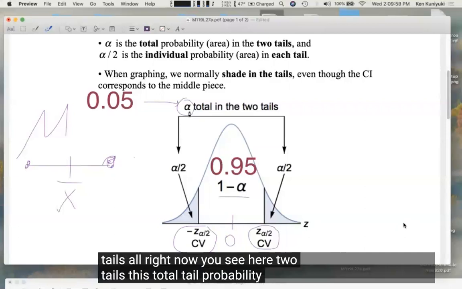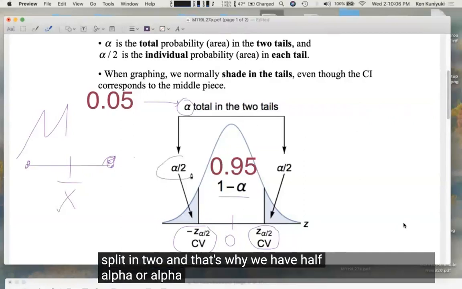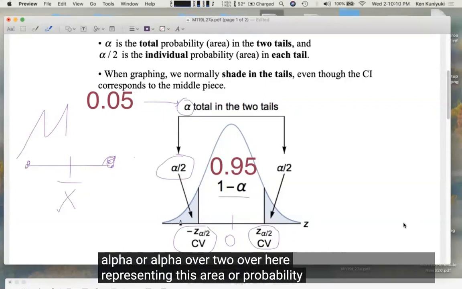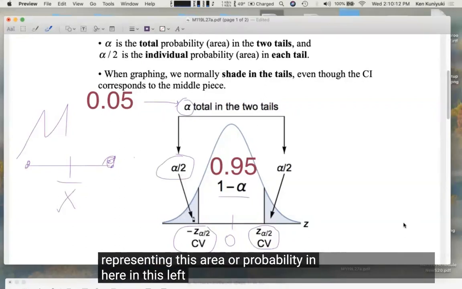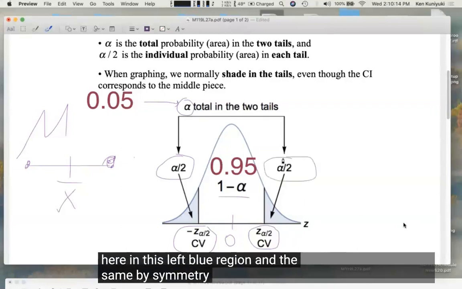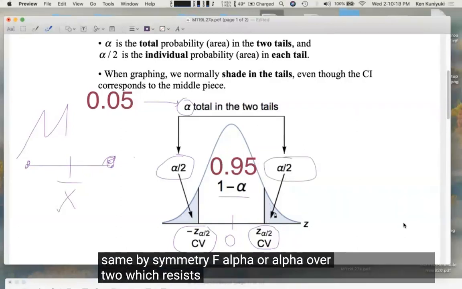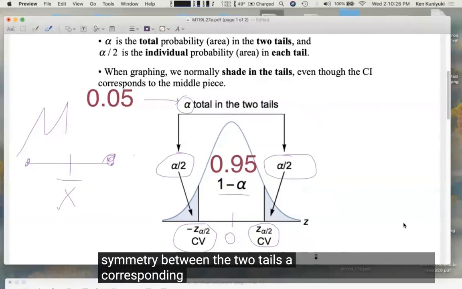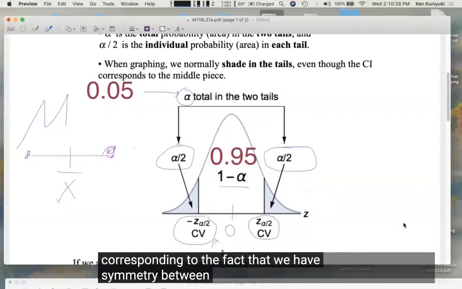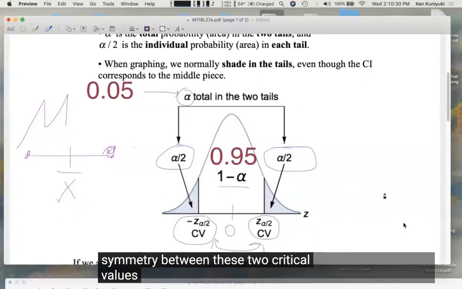This total tail probability of alpha is going to be split in two. And that's why we have half alpha, or alpha over 2, representing the probability in this left blue region. And the same by symmetry, alpha over 2 represents the area in blue in this right tail. We have symmetry between the two tails, corresponding to the symmetry between these two critical values.